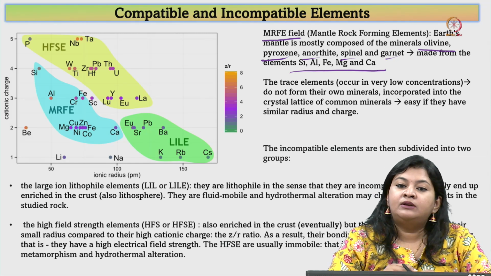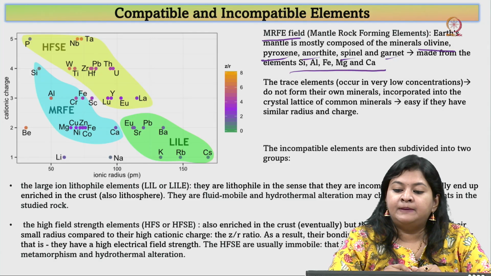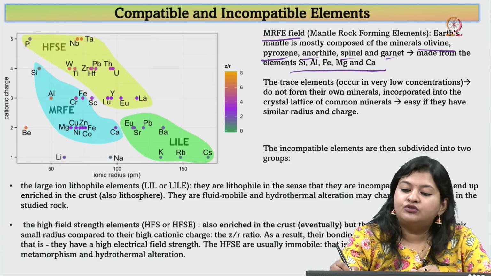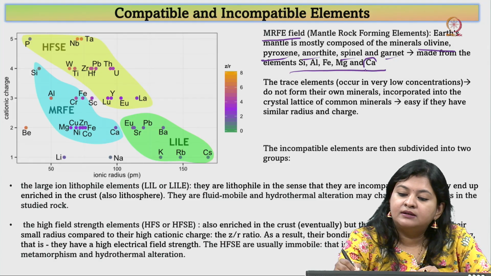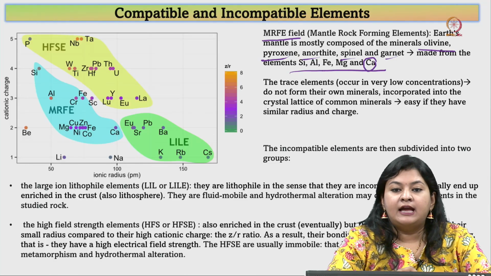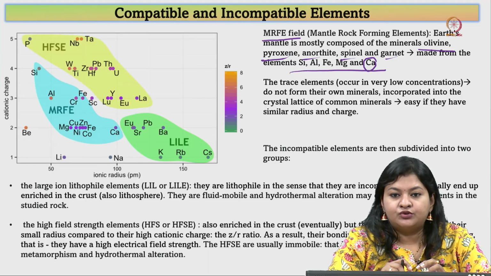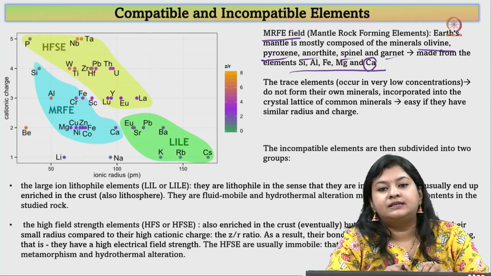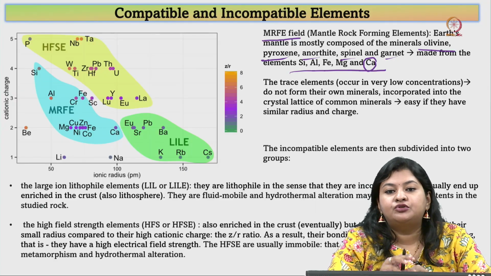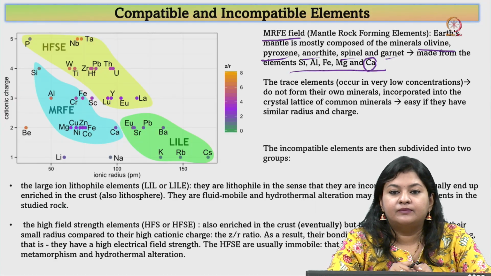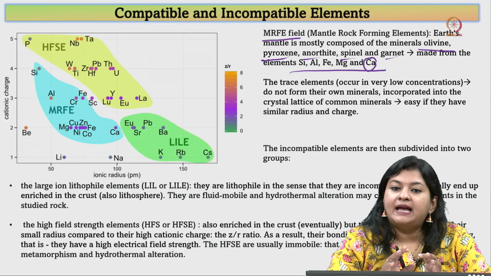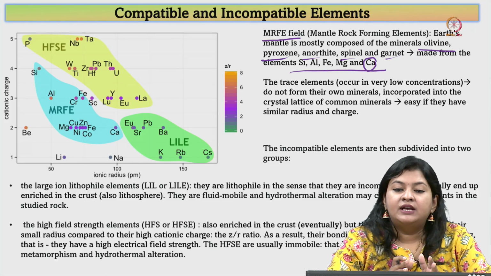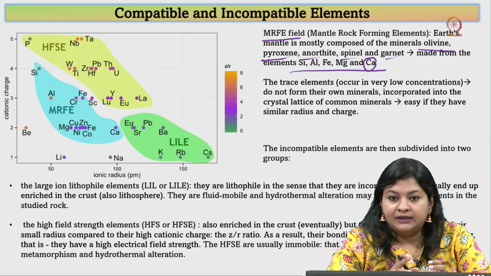For example, often we find that strontium sometimes can replace calcium. Where calcium was supposed to be, in that place we are going to find strontium sitting. That is just because of how similar they are geochemically.